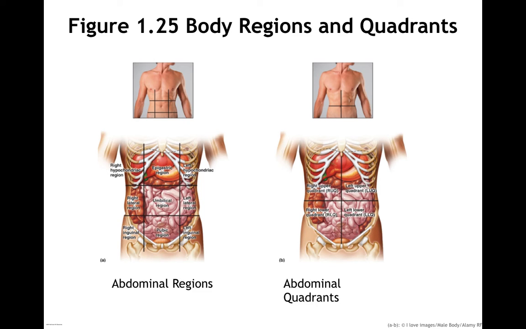And hypochondriac here means below the ribs. Epigastric means around the stomach. The right lateral, umbilical, and left lateral. The umbilical is around your belly button, and to either side of that is the lateral. Below that, you would have the right inguinal, the pubic, and the left inguinal. And the inguinal refers to structures that are found within those abdominal regions.